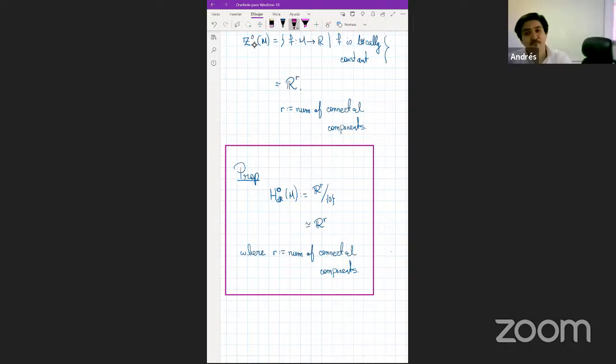And the answer depends on the number of components of the manifold. Okay, so up to here, any questions?